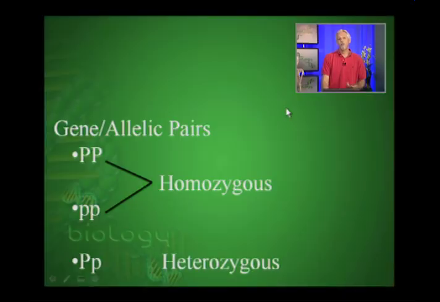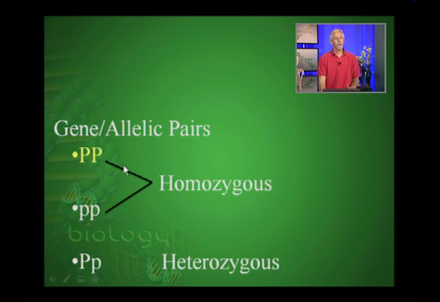Now, alleles or genes then, we normally discuss in pairs because, again, chromosomes are inherited in pairs, and so for each chromosome you will have two alleles at a particular locus for a particular trait. So again, we're going to continue on with this theme of flower color. As we look at the possible gene or allelic pairs then, it is possible that one could have two dominant alleles together.